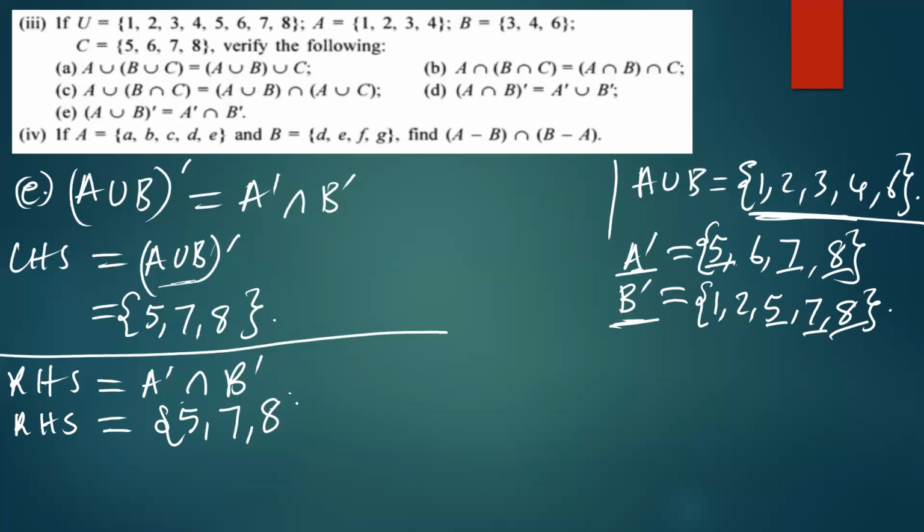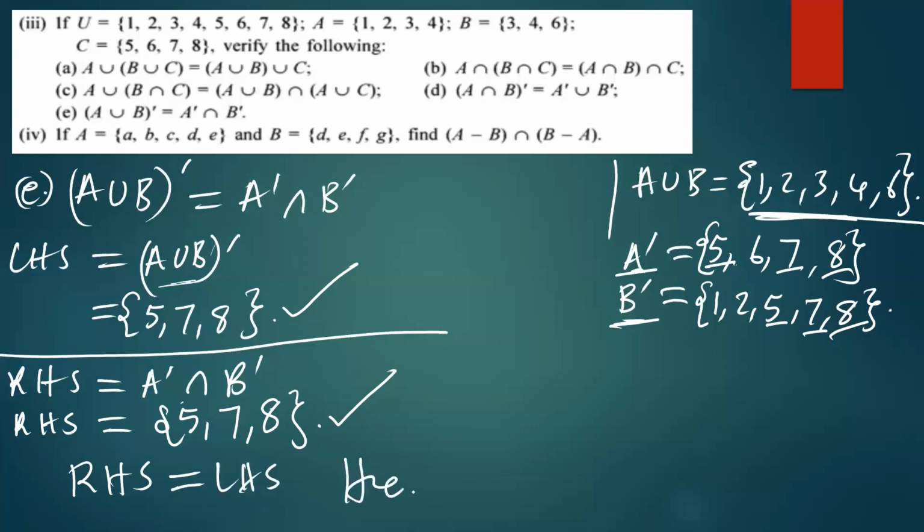So the right-hand side therefore becomes 5, 7, and 8. To verify this, you check if this is equal to that. Since they are equal, you conclude that the right-hand side is equal to the left-hand side. Hence, verified.